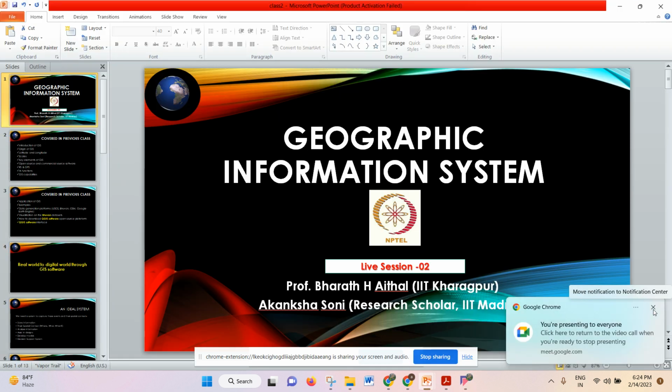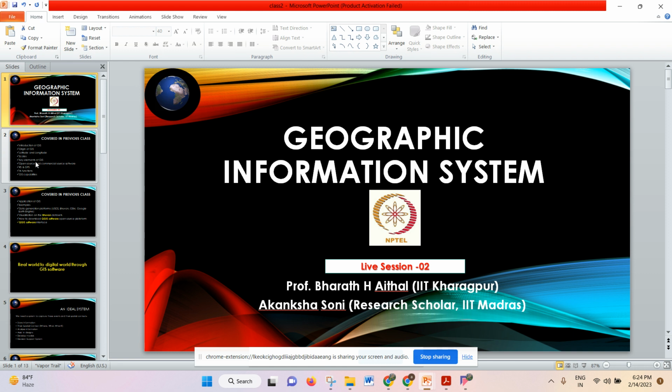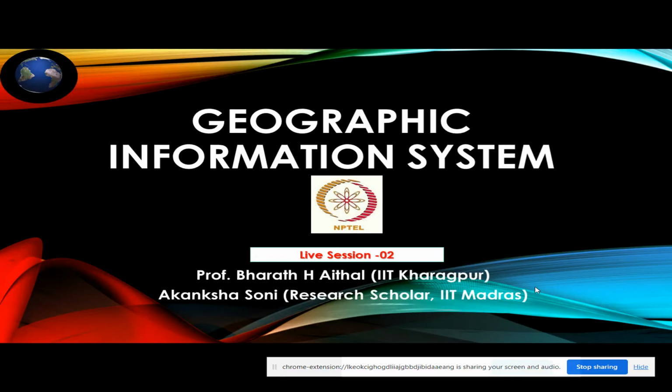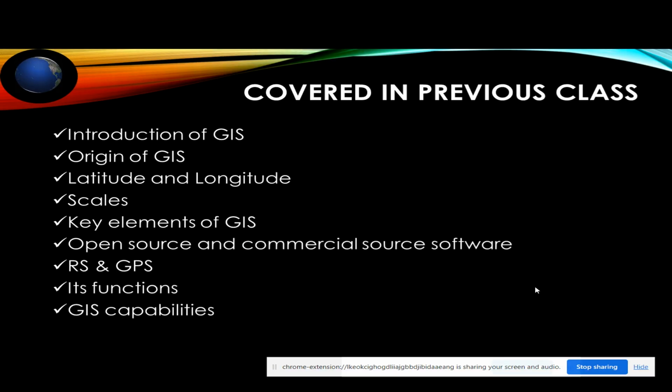So today is the second live class for this GIS. First, I want to tell you what I covered in the last class: the introduction of GIS, how it originated, and the latitude, longitude, what is called prime meridian and equator.